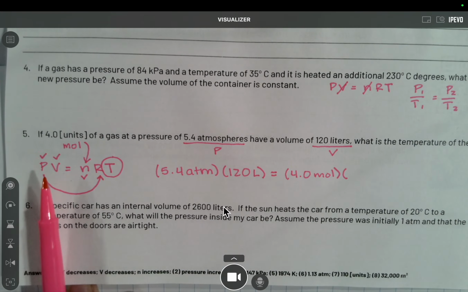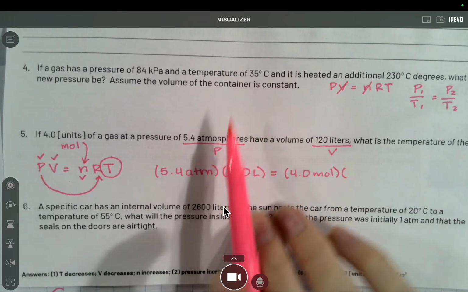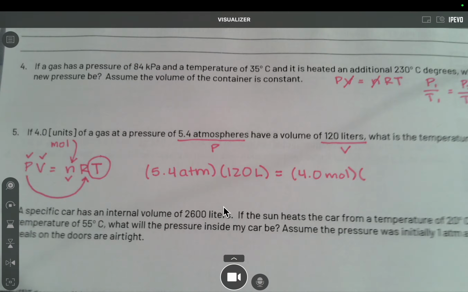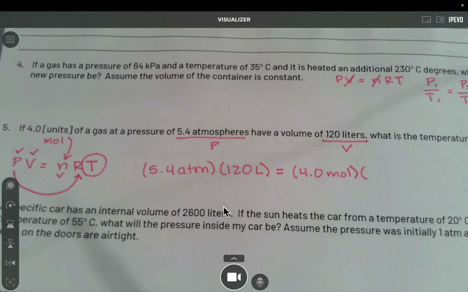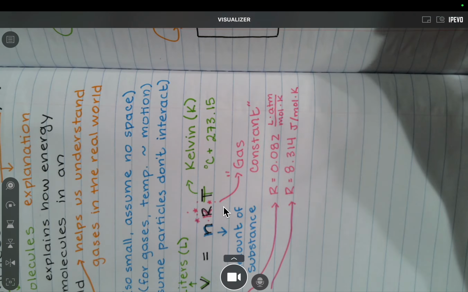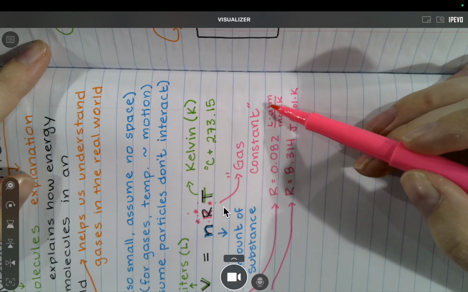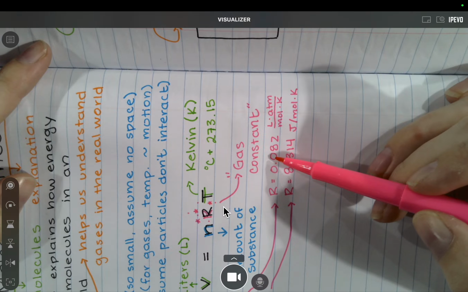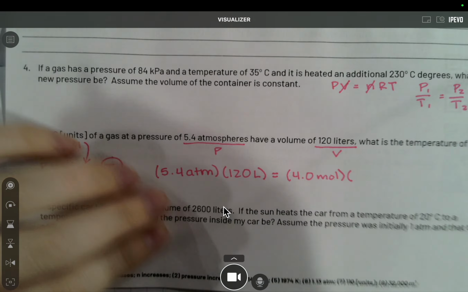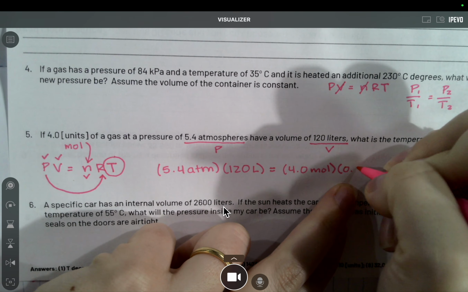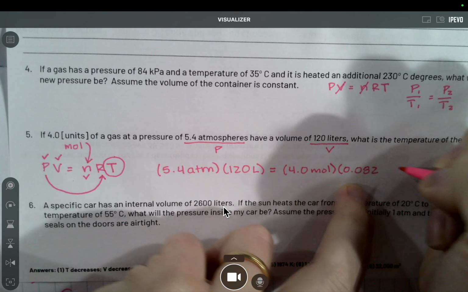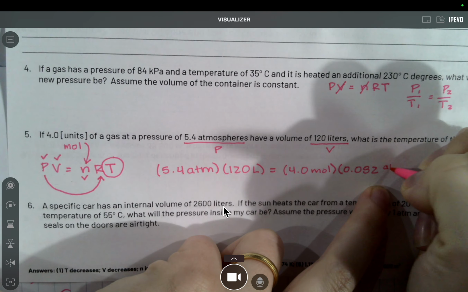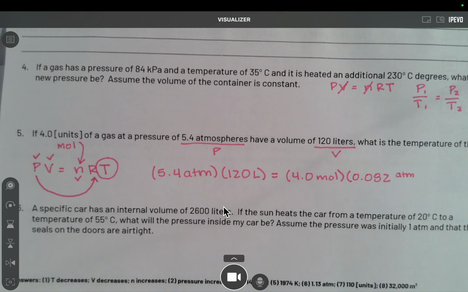All right, what should our R value be? The R value depends on the pressure, and the pressure here was given in atmospheres. So let's flip back to our ideal gas law page and figure out what R constant. If we're using atmospheres, we should be using 0.082. So here we go, 0.082, and the units on that are atm.